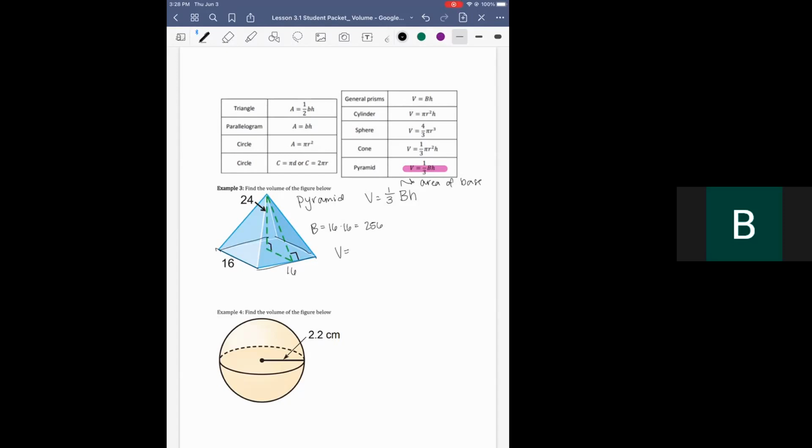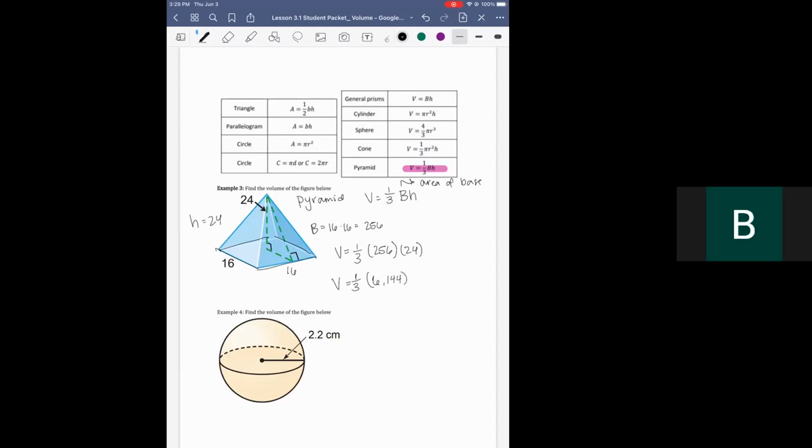And then we're going to multiply that by our height. And the height they've given us is 24. So we're going to do 1/3 times 256 times our height, which is 24. And 256 times 24 is equal to 6,144. And then we're going to multiply that by 1/3.